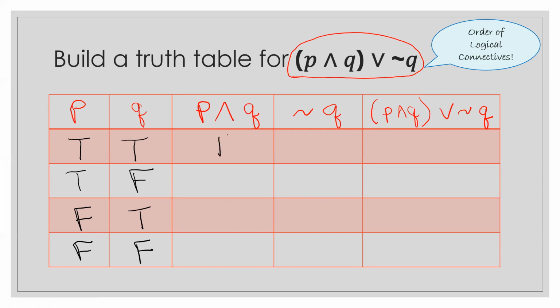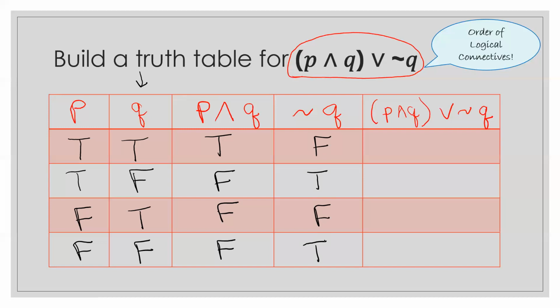So this would be true, false, false, and then false. Okay, not Q. That means the opposite truth value of Q. So we would look at the second column here and do the opposite truth value. So it would be false, true, false, true.